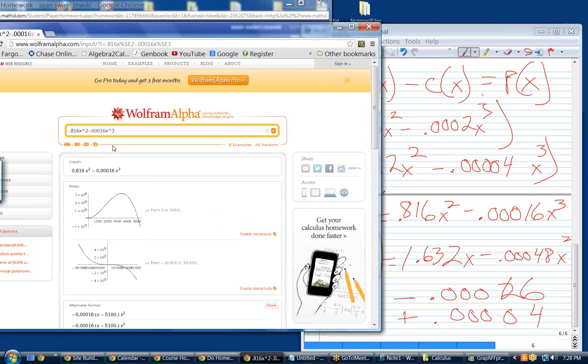Huh? Okay. So the profit function is increasing from 0 to whatever that value was that represented the 0. So it's increasing.